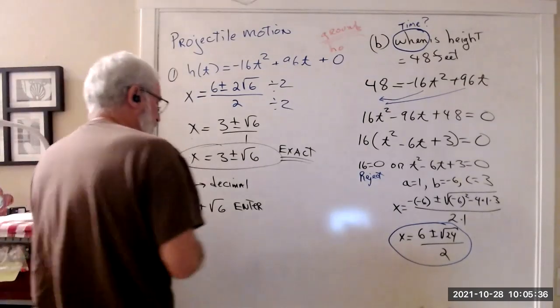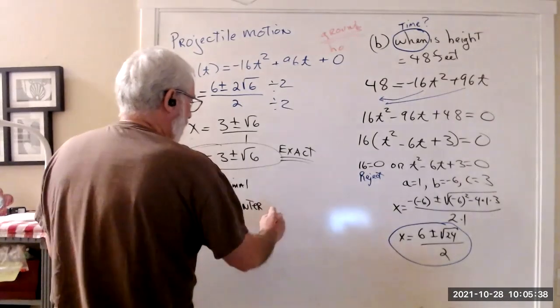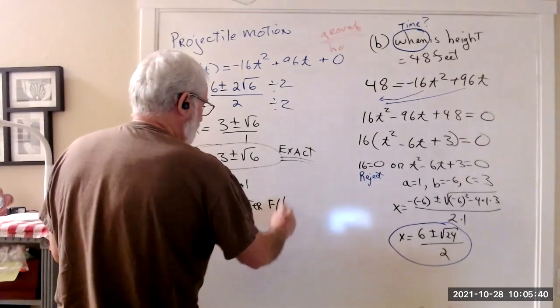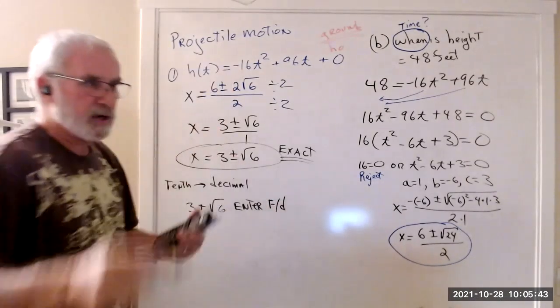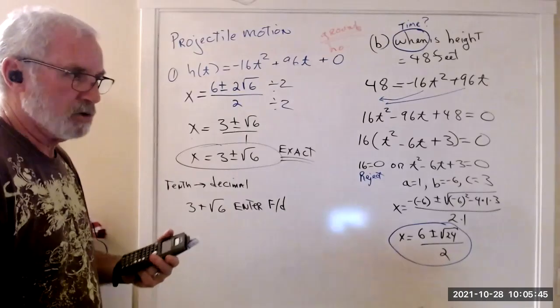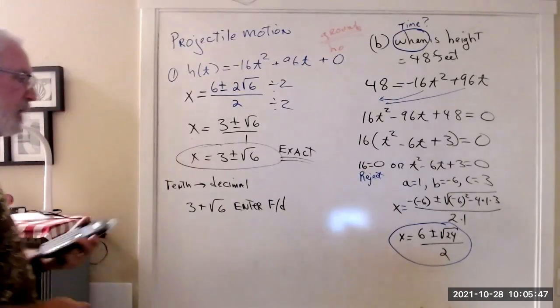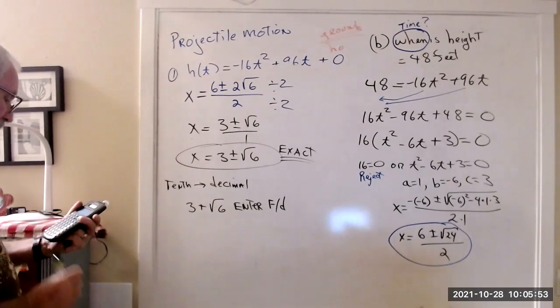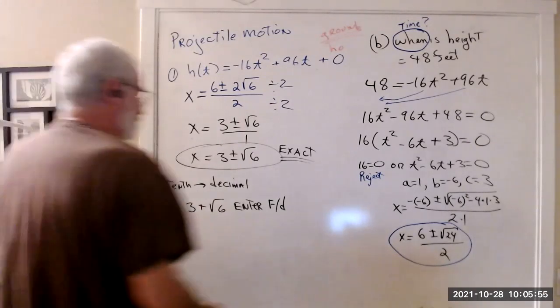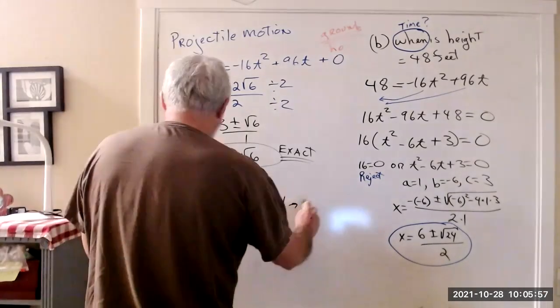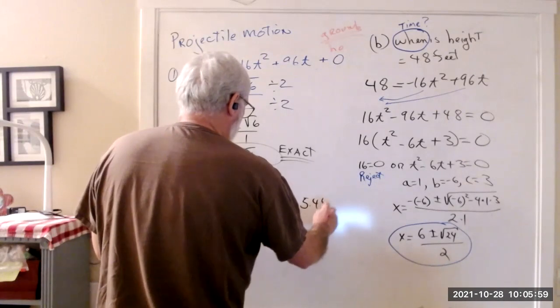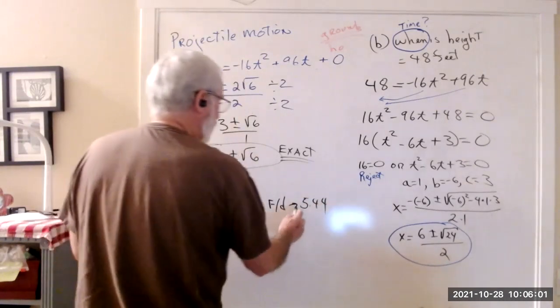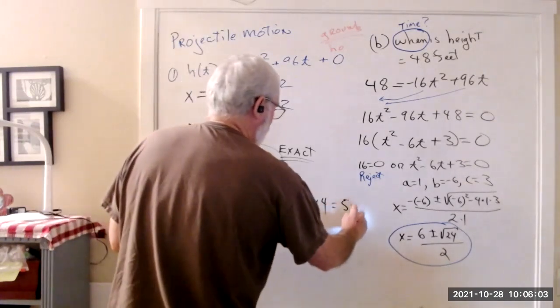You got a stupid answer. But then press the FD key. Other calculators will do this also, you just have to figure out which keys to press. If you press the FD key this time, it will tell you your decimal. So it will say this is 5.44. If we round it to the nearest tenth, that was 5.4.